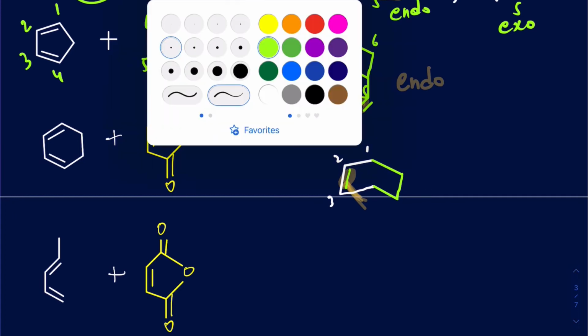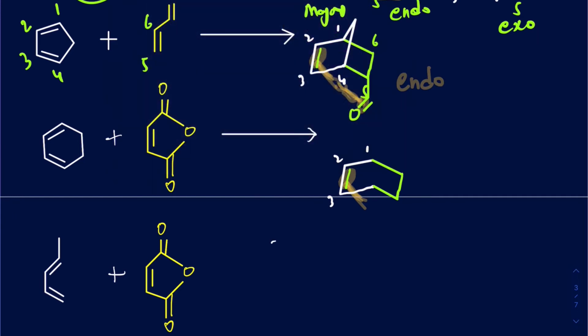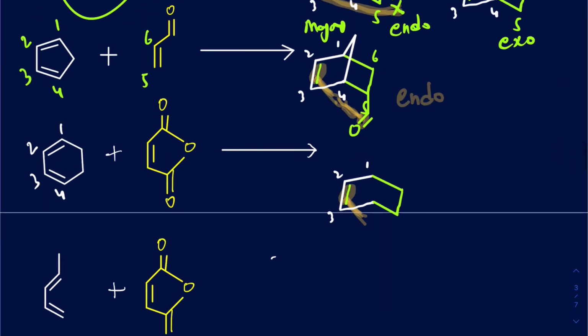So between 1, 2, 3, 4, on 1 and 4, you got these two methylene groups. So I'm going to have that something like this. So keep that in mind. And then I'm going to have this cyclic group here, and that's just going to be 5, and that's 6. So again, right now it doesn't matter whether you attach 1 to 6 or 1 to 5.